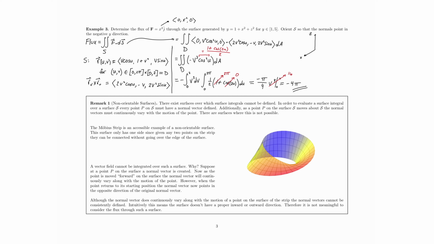So here are the x and z axes. This particular shape is an elliptic paraboloid, which opens in the positive y direction. So it looks something like this.